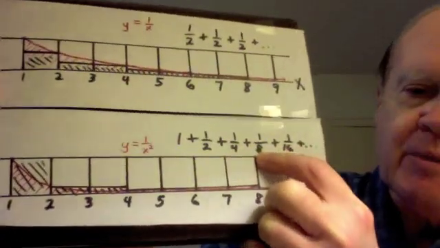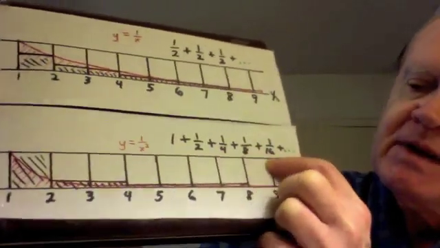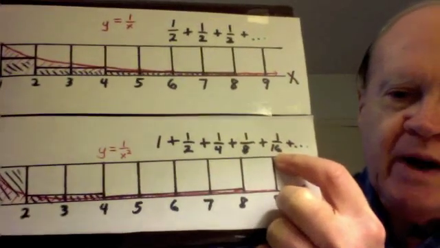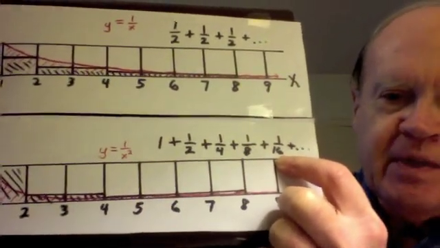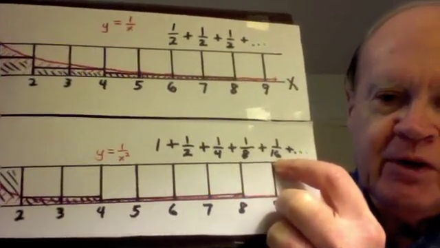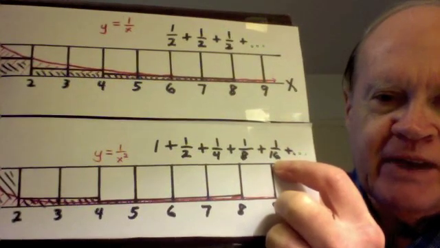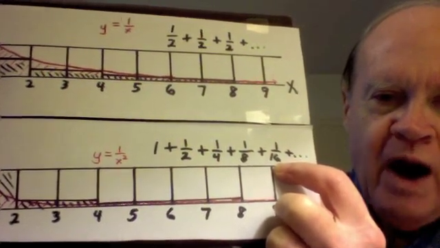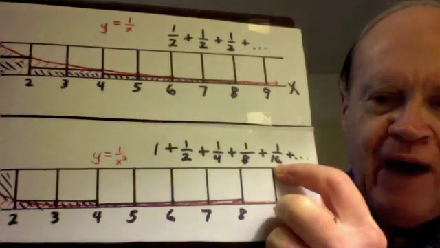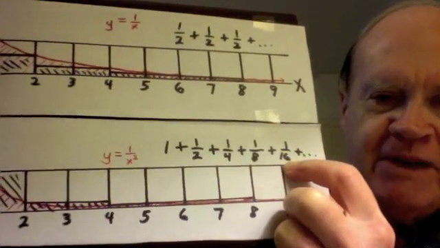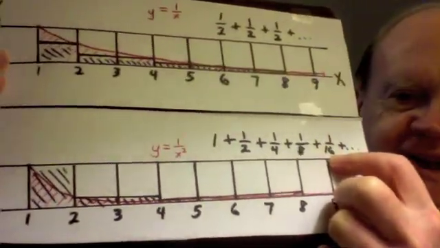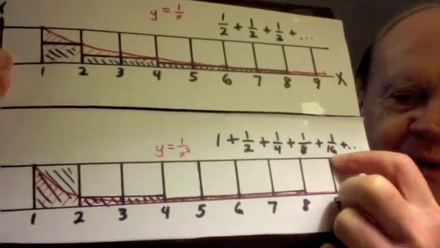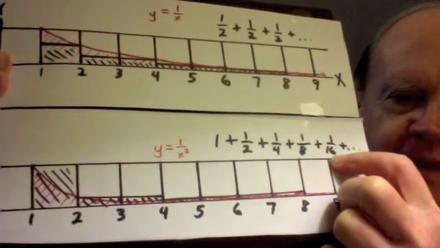The first four add up to 1 7/8. The first five add up to 1 15/16. We keep adding them as we go along, and the sum is always 1 plus a fraction less than 1. That means the sum is always less than 2, even as we go on indefinitely.